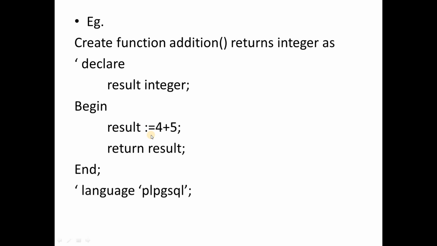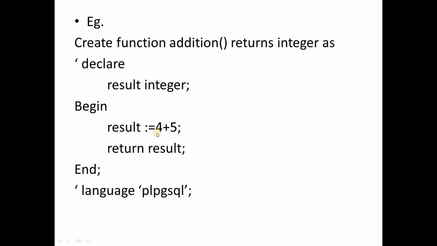I hope you understood the expression. An expression compulsorily returns some value, and that's why we call it an expression. So this statement is an expression because it returns the addition, the value 9, to our result variable.